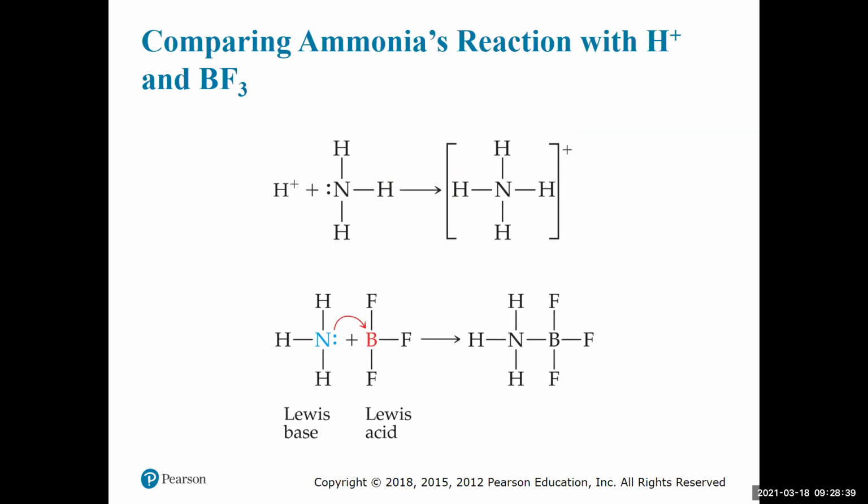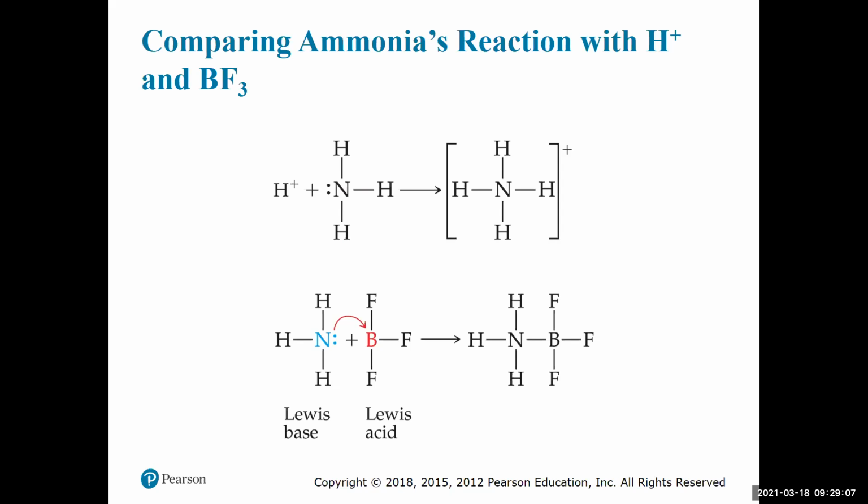So here's a couple examples of that. We look at ammonia, NH3, where we have our lone pair of electrons. The hydrogen can interact with that lone pair site and form ammonium, NH4+. That would fit into our classic Bronsted-Lowry definition, and we'd say everything's great because we moved a proton around.